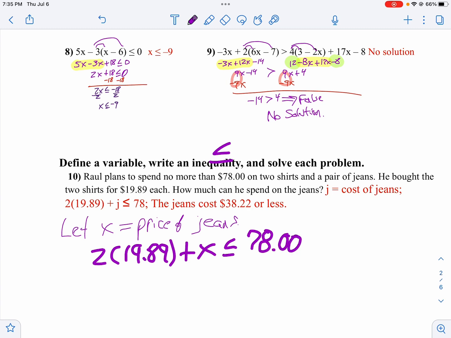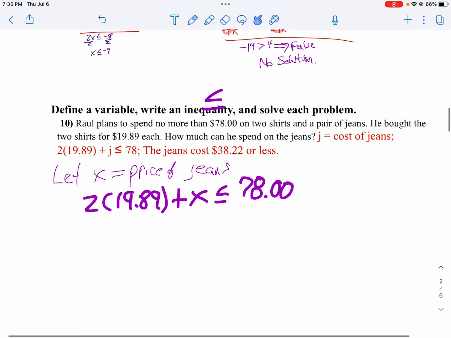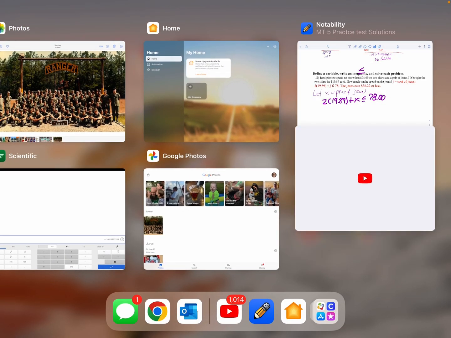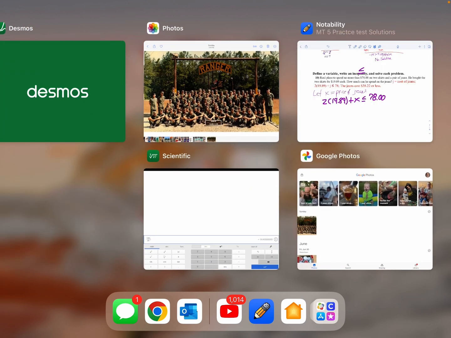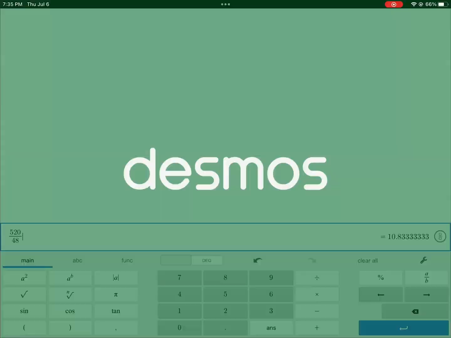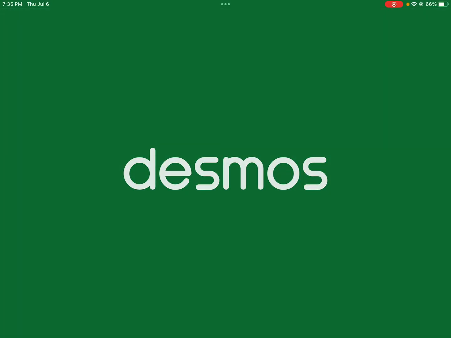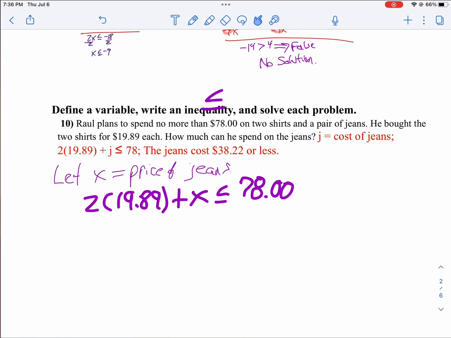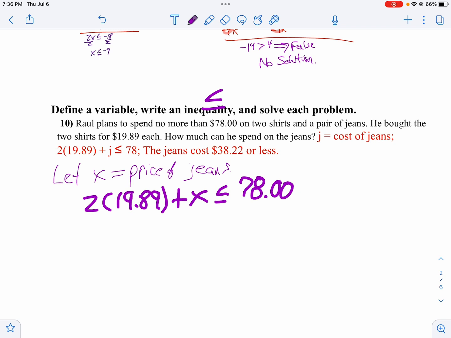What I'm going to do is I'm going to solve for X. Well, first I'm going to take 2 times 19.89. I get $39.78. So the 2 shirts cost $39.78.